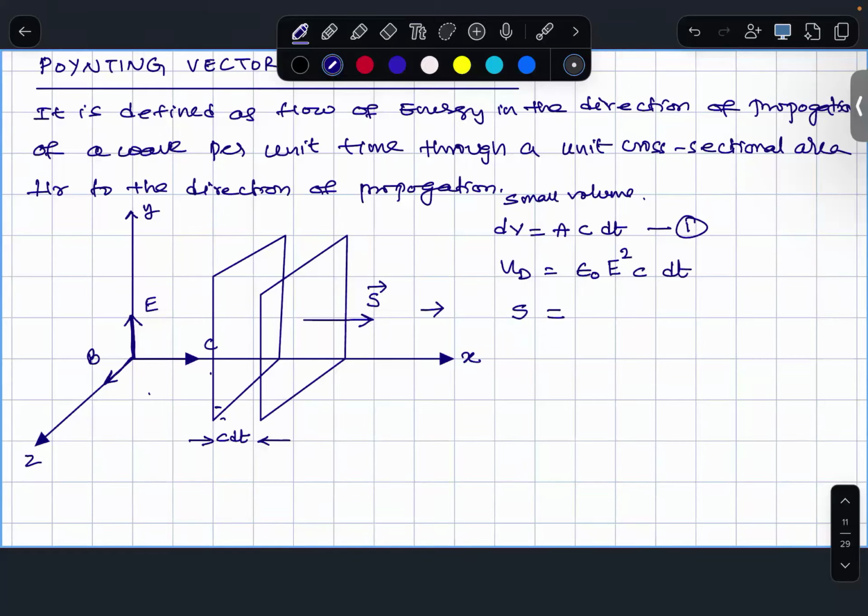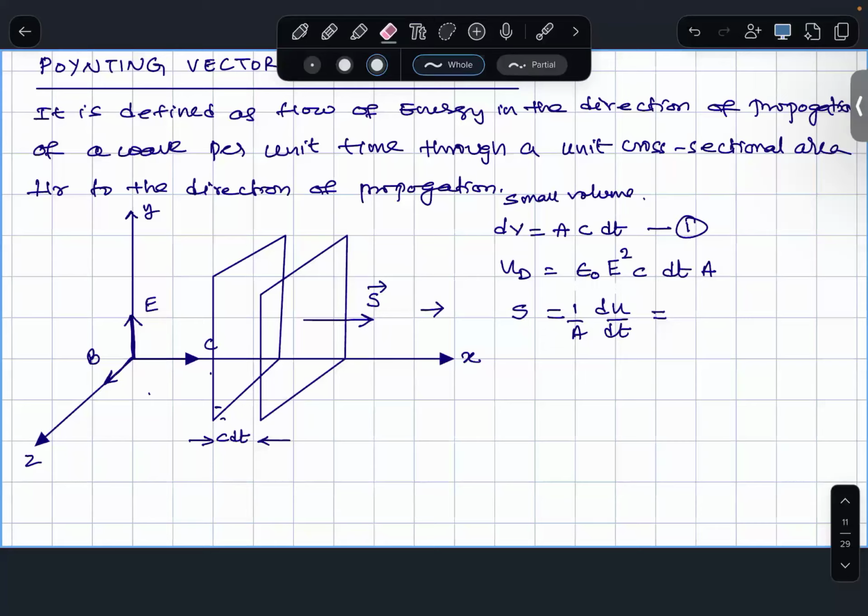What is exactly Poynting vector? It is 1 by A. Actually, I should not write this as UD.